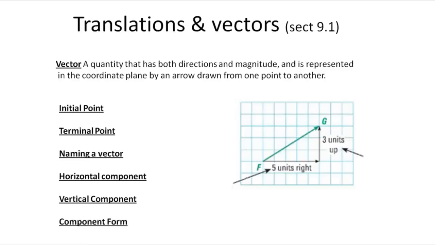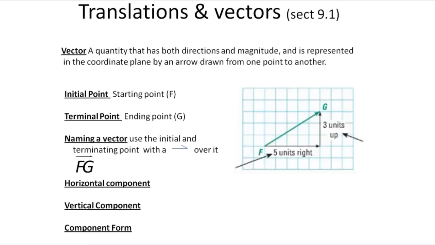It's just a simpler way of writing it. So first of all, our initial point is where we start at. Our terminal point is where we end at. So if we notice right here, F does not have an arrow, but G does have an arrow, so F is my starting point and G is my ending point.